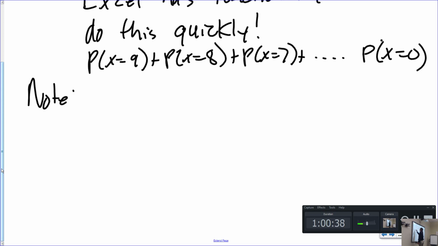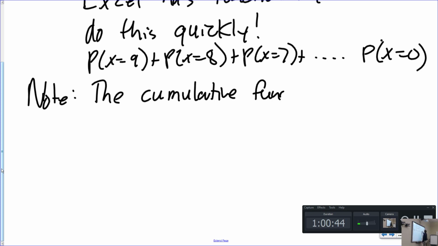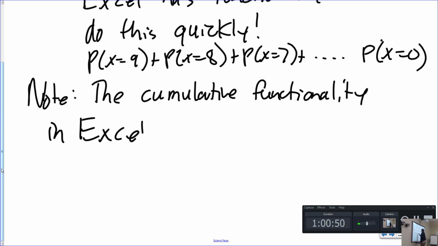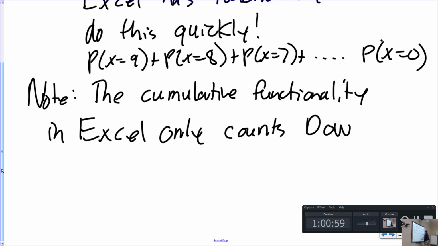note the cumulative functionality in Excel only counts down.